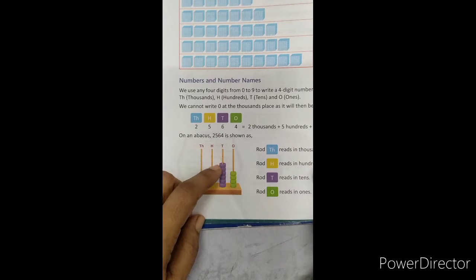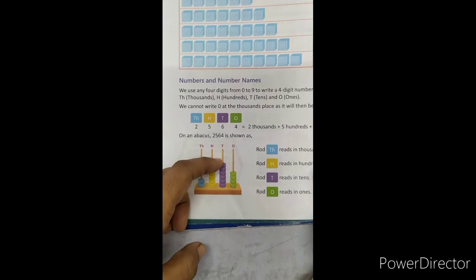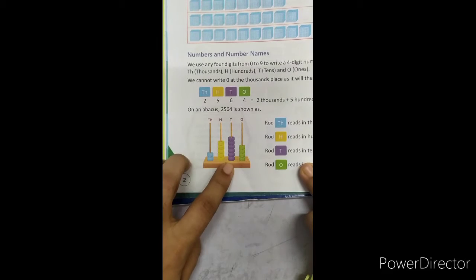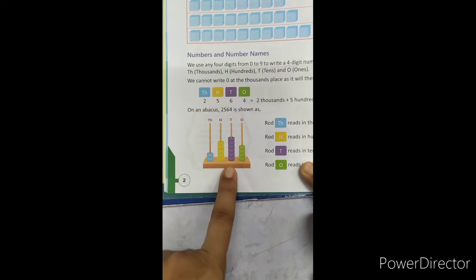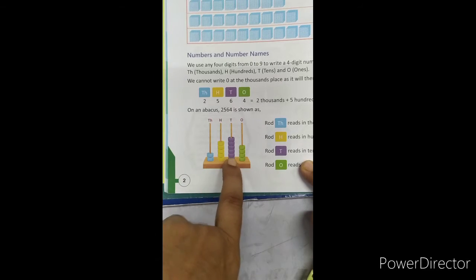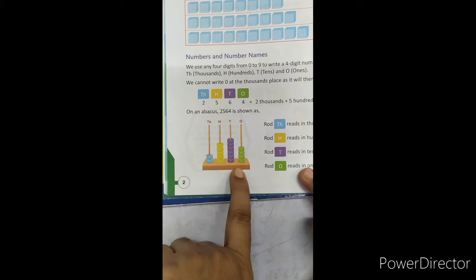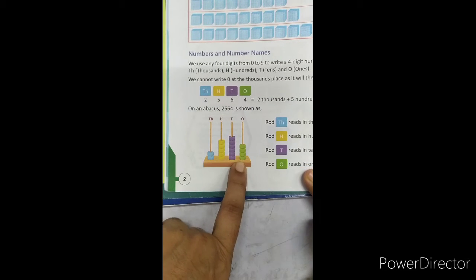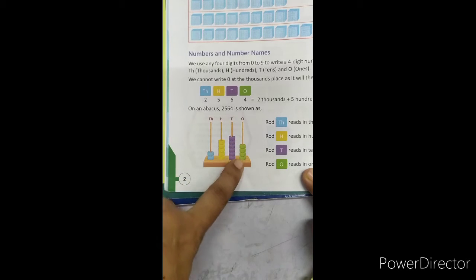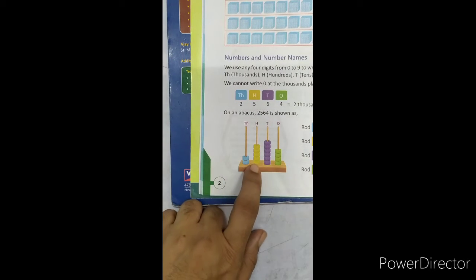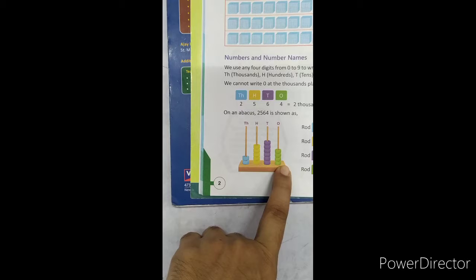And then you have the tens place, which has 6 beads. So you can see here 6 tens, that represents 60. And then you have 4 green color beads in your ones place, that is 1, 2, 3, 4. So the number will become 2564. Can you see?